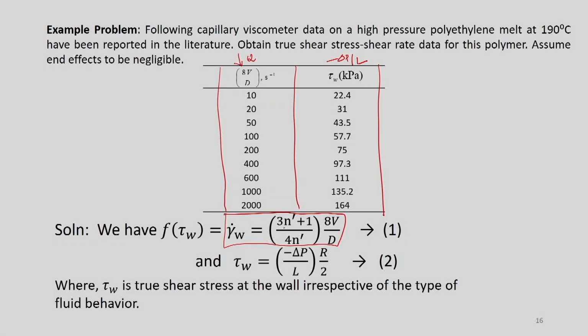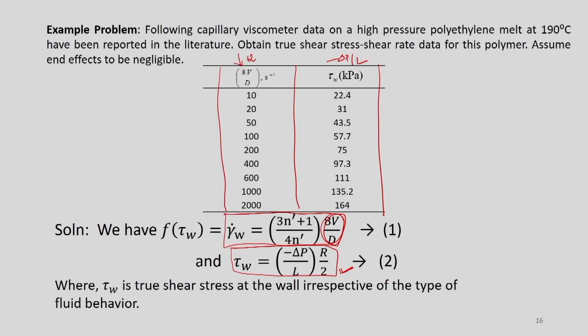Gamma dot W is equal to 3n prime plus 1 by 4n prime times 8V by D, and tau W is equal to minus delta P by L times R by 2. This is already given, we do not need to do anything. The only thing you need to find out is the n prime value, because 8V by D is also given, that is, the apparent wall shear rate is given.